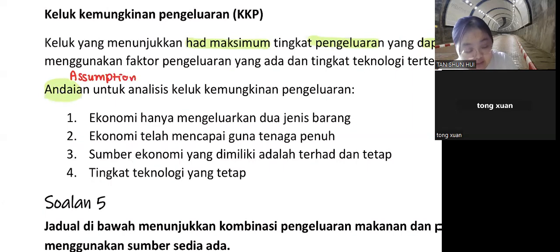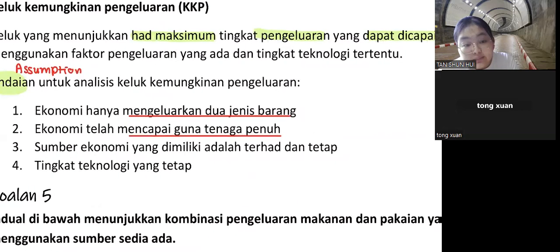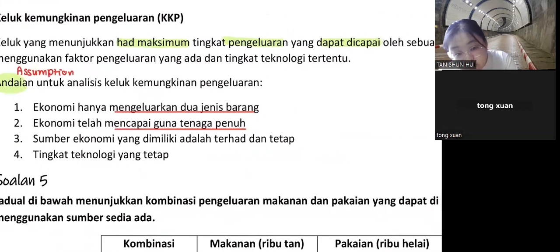Okay, the assumption is first, we only produce two types of things in the economy. The economy has mencapai guna tenaga penuh. Means what? All the labour are fully employed. Full employment means everybody gets a job.